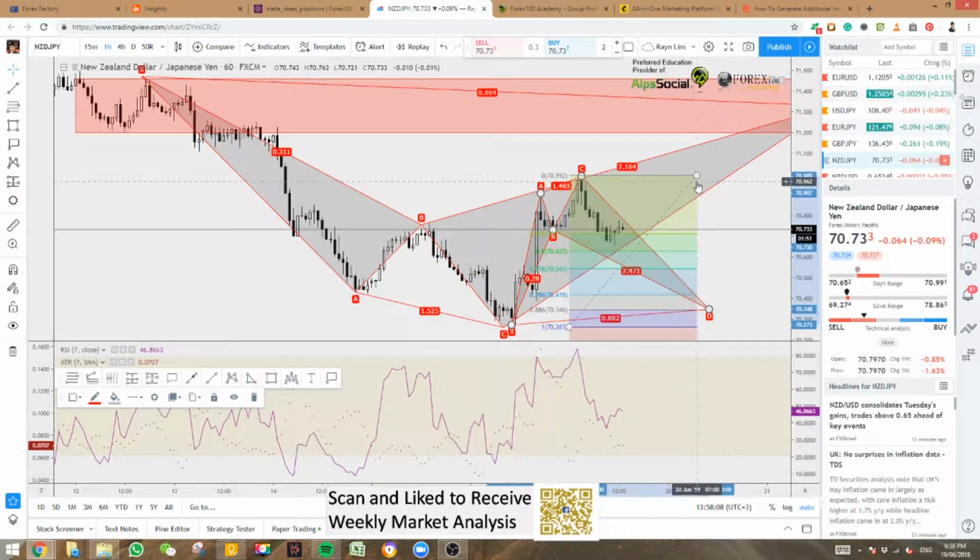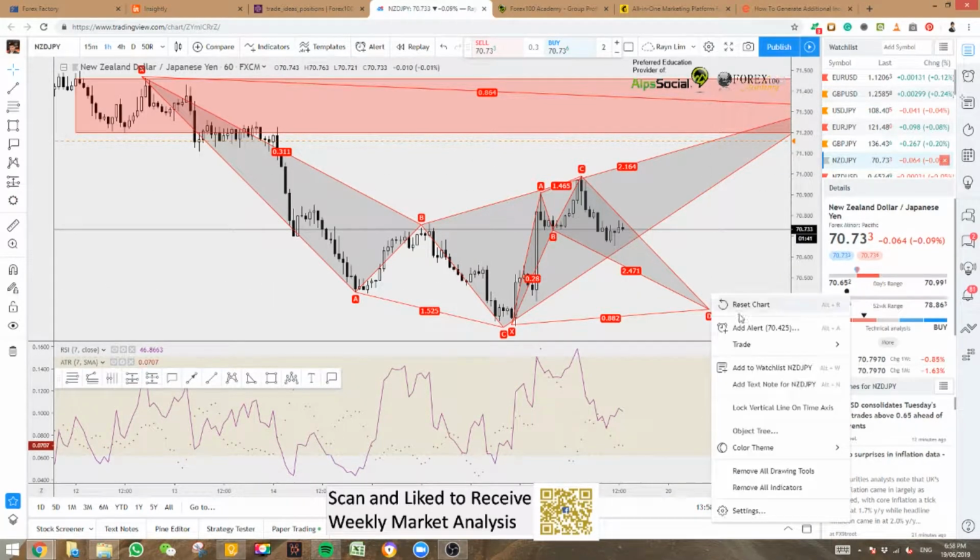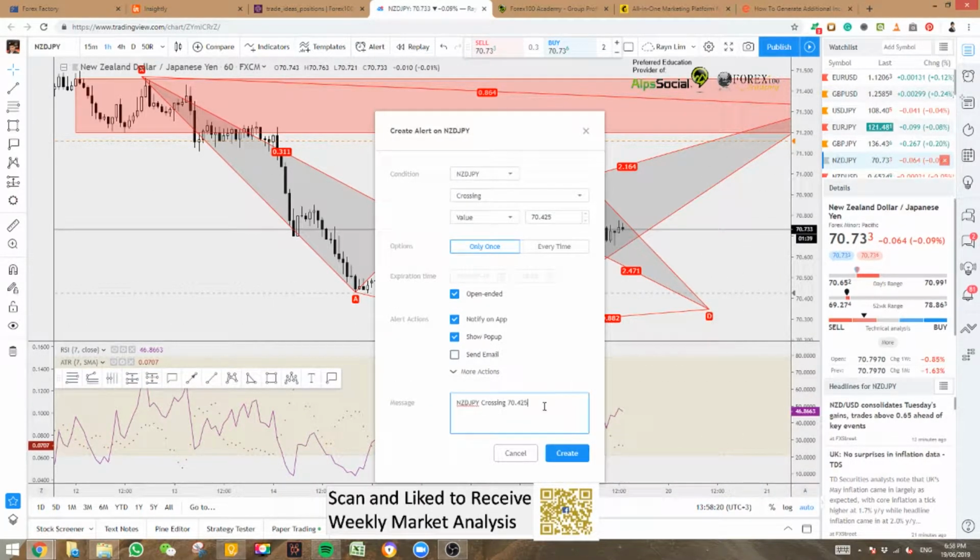All right, so let's see how these form up. New Zealand yen, H1, shark pattern, counter trend trading.